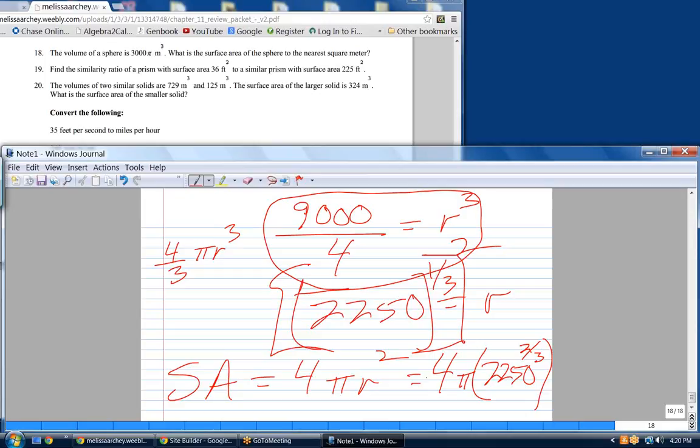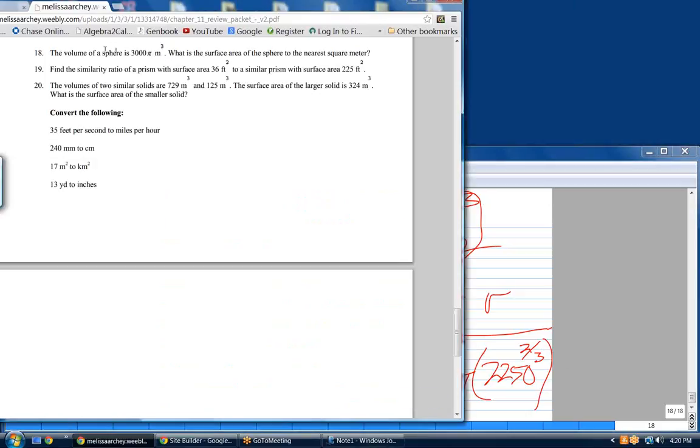All right, so there's your answer. This was a good question because we needed to solve for radius by knowing the volume formula, and then we needed to solve for the surface area by knowing the radius that we solved for.